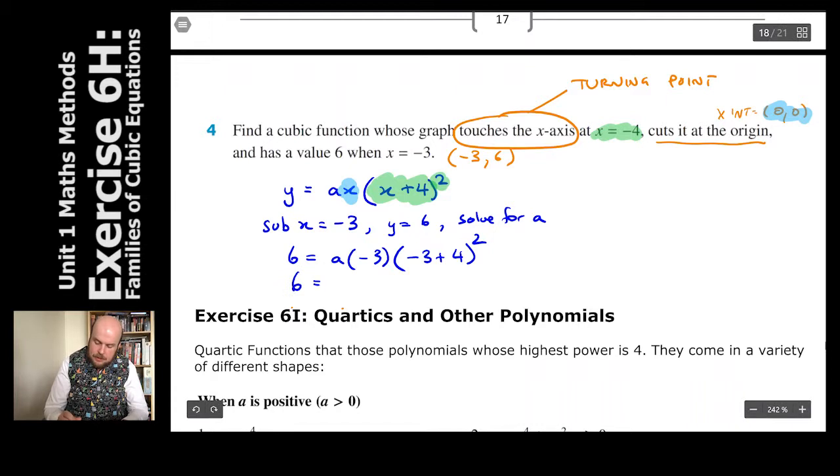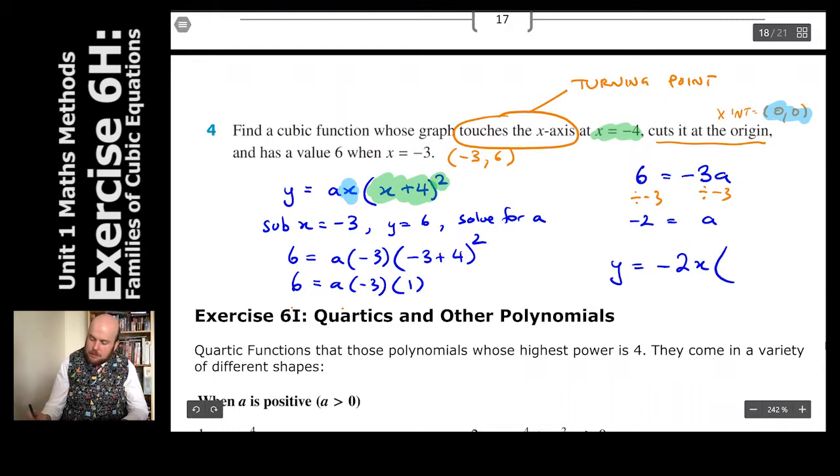So 6 is equal to a times -3 times 1. So that means 6 is equal to -3a. We divide both sides by -3, and we get -2 is equal to a. And so therefore our equation looks like this. And done.